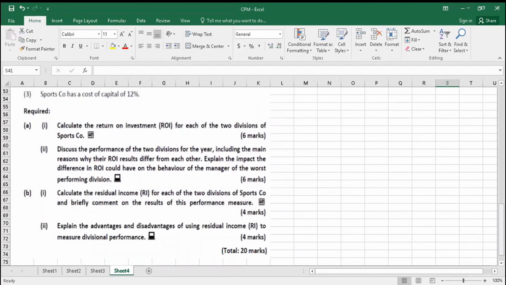Calculation of RI. Let's take up the RI calculation and then discuss the advantages and disadvantages of both of them.